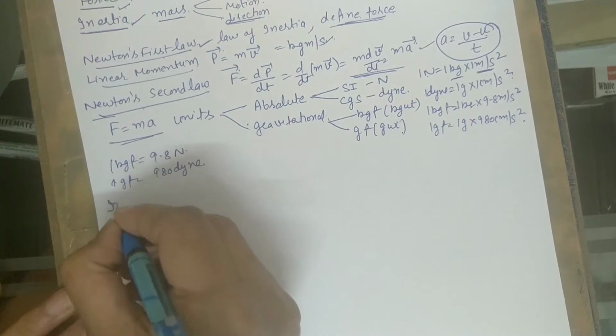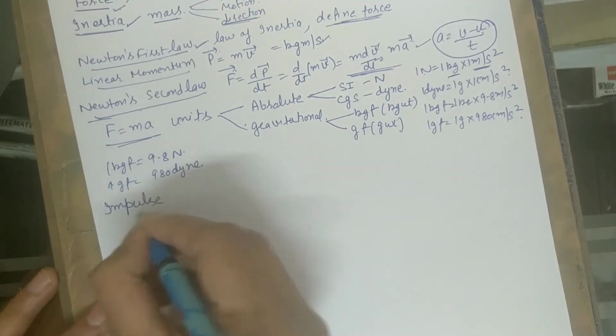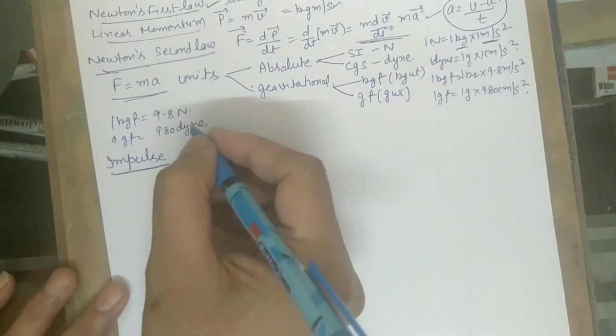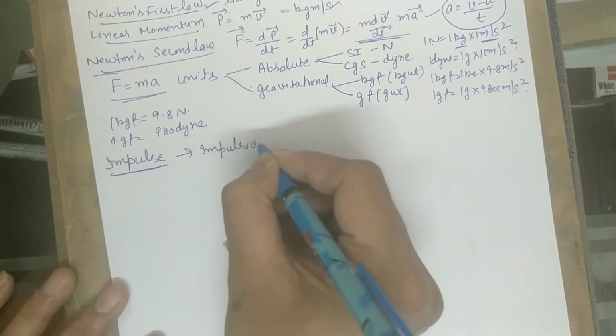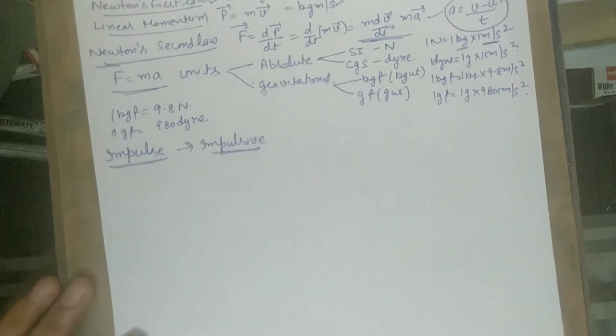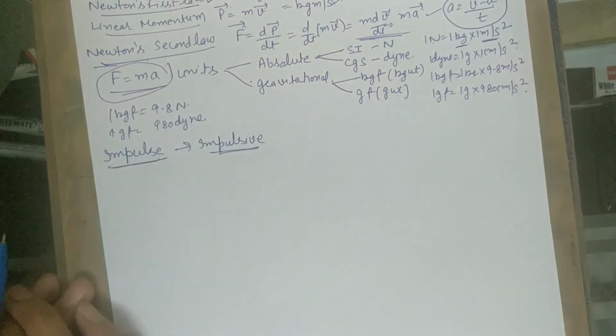Then we have the term impulse. What is this impulse? Before this we have the term impulsive forces. When the forces are constant throughout the motion, we use Newton's second law to measure those external forces.